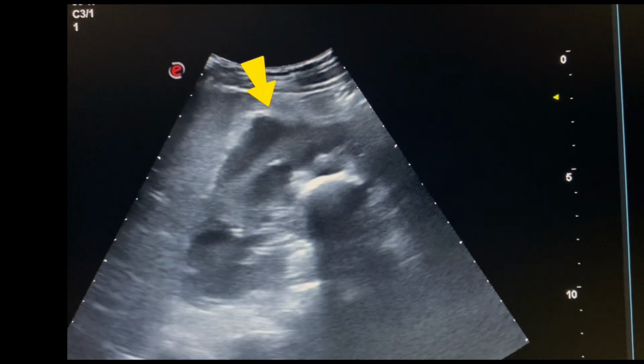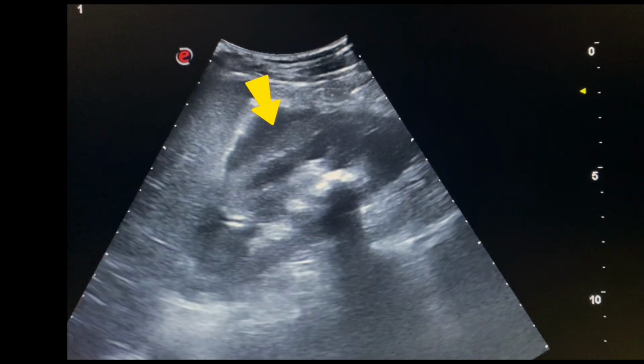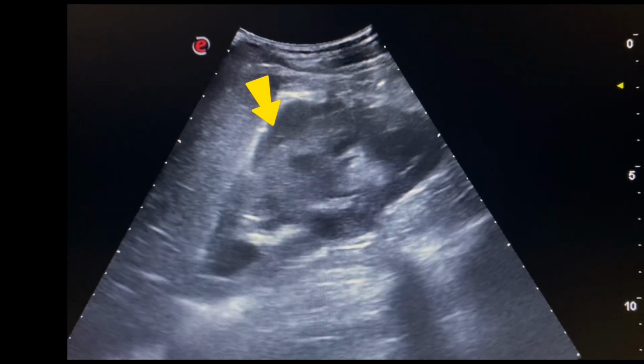The cortex of the right kidney shows heterogeneous texture, hypoechoic and hyperechoic texture.